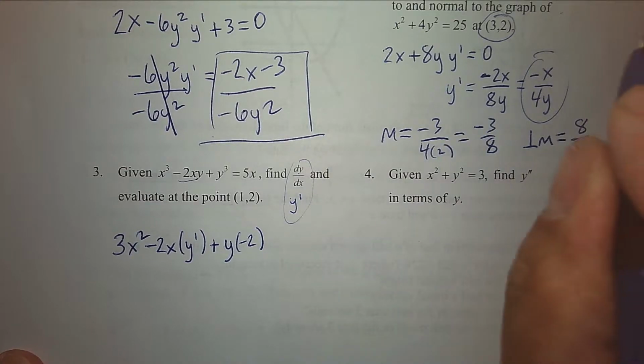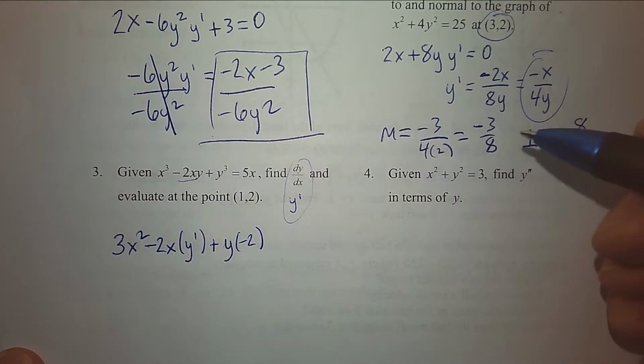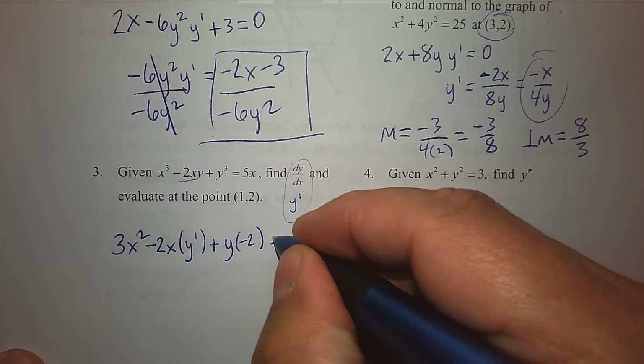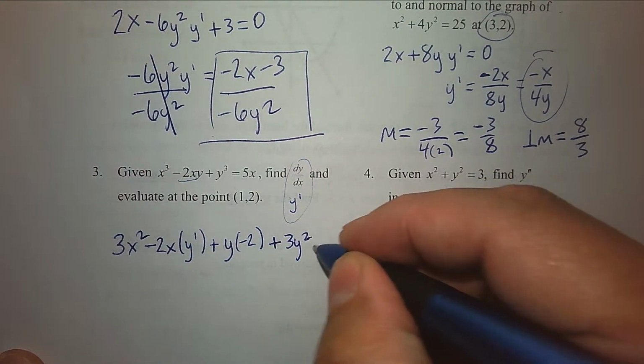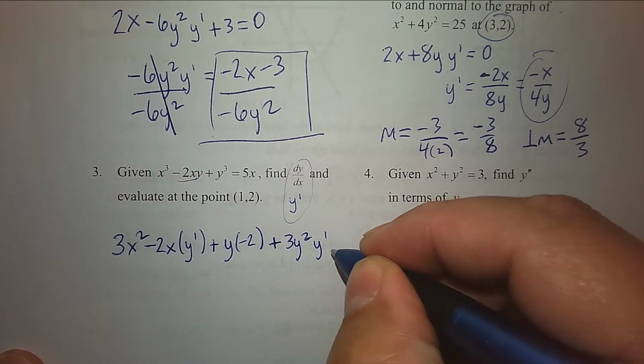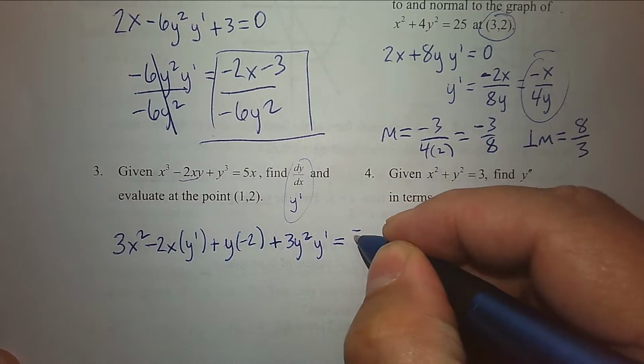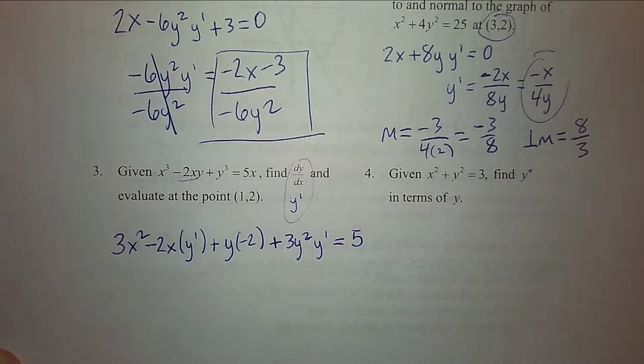Done. What's the derivative of y cubed? Treat it like x, 3y squared, but now you have to include y prime. And what's the derivative of 5x? 5. How do I get y prime by itself?